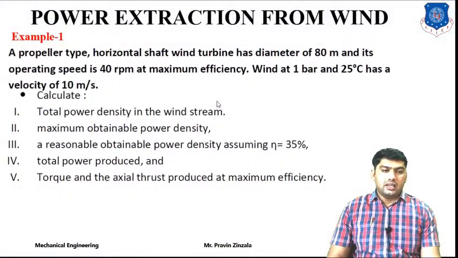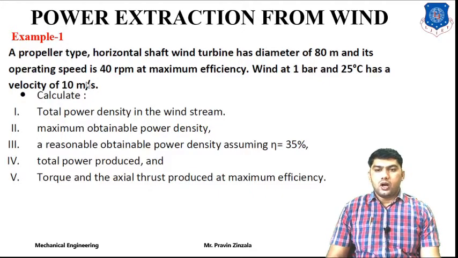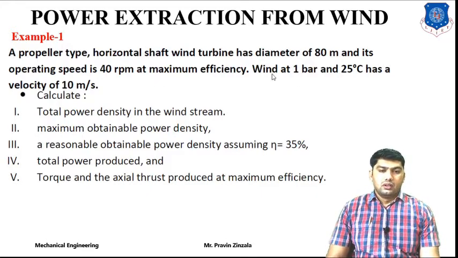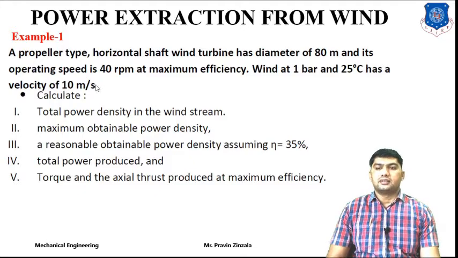First example is, in the given data, a propeller type horizontal shaft wind turbine has a diameter of 80 meter and its operating speed is 40 rpm at maximum efficiency. Wind at 1 bar and 25 degrees centigrade has a velocity of 10 meter per second.